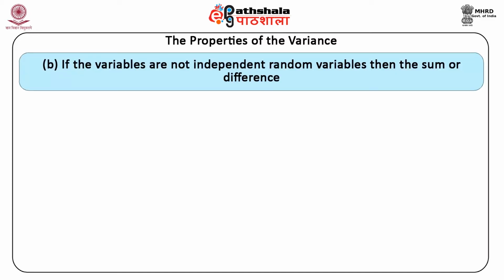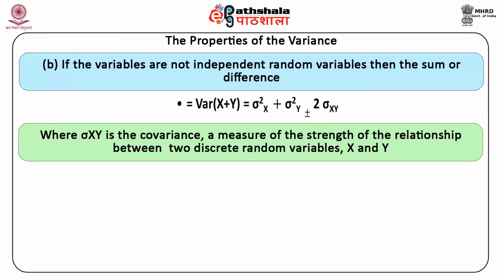B. If the variables are not independent random variables, then the variance of x plus or minus y is equal to sigma square x plus sigma square y plus or minus 2 sigma xy, where sigma xy is the covariance, a measure of the strength of the relationship between two discrete random variables x and y.